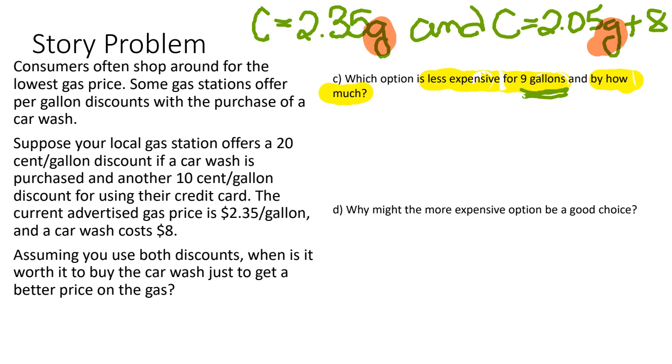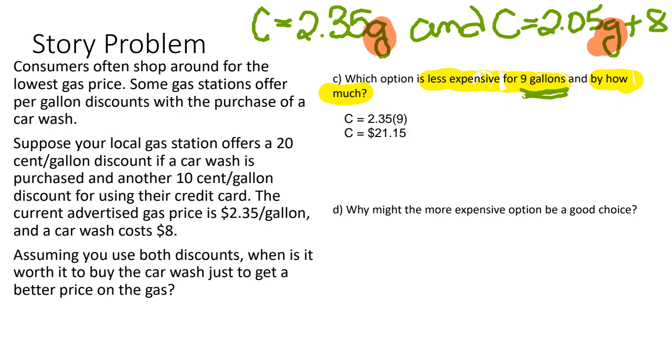So if I take C is equal to 2.35 times 9, pulling out my lovely calculator, I am going to spend $21.15 for gas for 9 gallons.